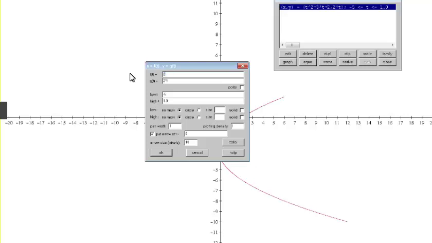So x is 2 plus secant of t, and y is equal to 1 plus 2 tangent of t. And we're going to let it vary between 0 and 2 pi, which is 6.29.